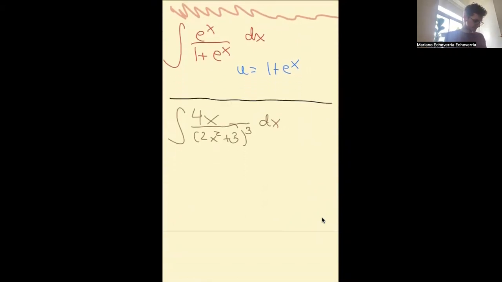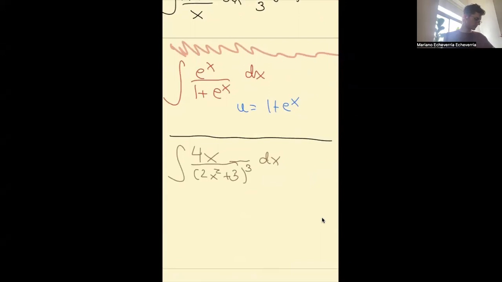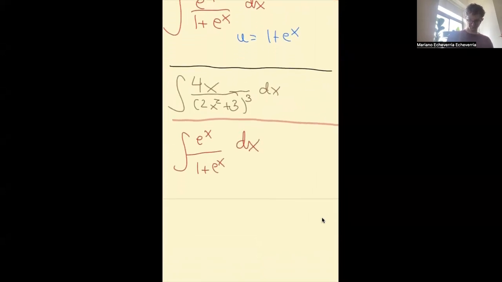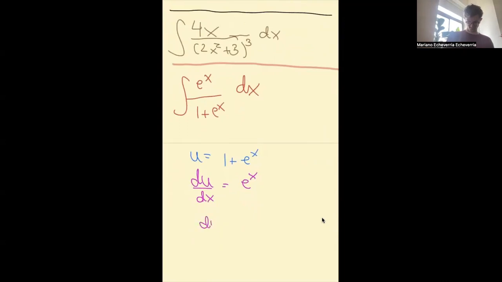What do you get on the first one? Is that okay? Is that what everyone found?